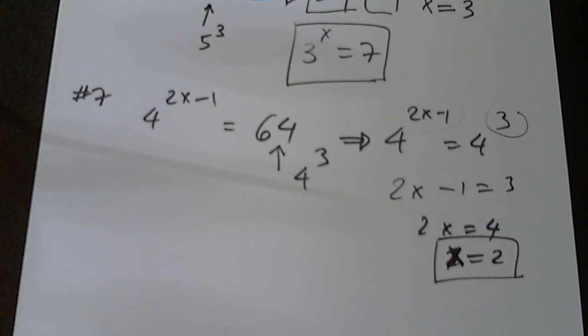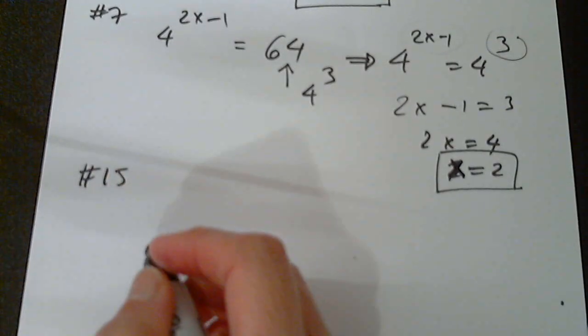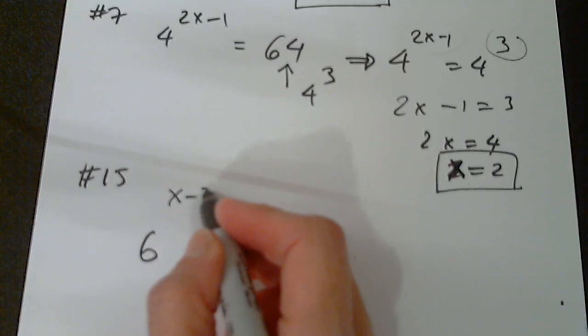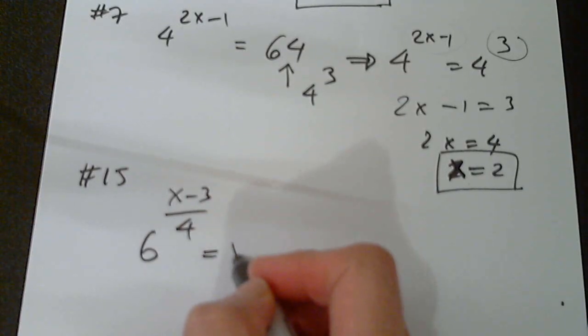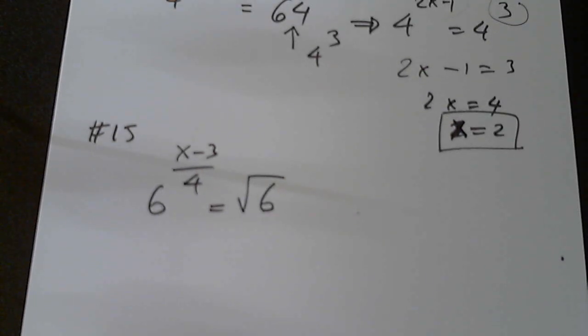Let's continue choosing. I will choose 15. In 15 we have 6 raised to x minus 3 over 4 equals the square root of 6. Can I present both sides with the same base?